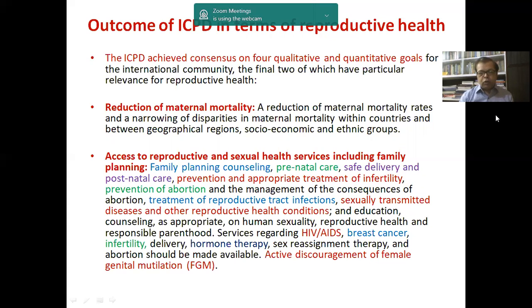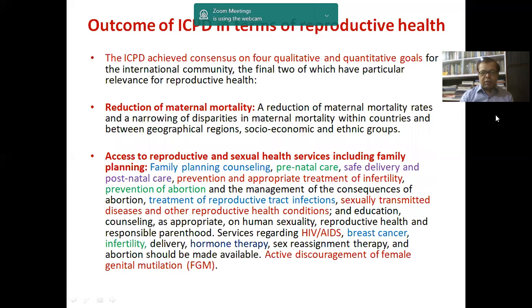as appropriate on human sexuality, reproductive health, and responsible parenthood. So counseling of all those persons who are in adolescence or who are going to have this role of being parents. Then services regarding HIV/AIDS, breast cancer, infertility, delivery, hormone therapy, sex reassignment therapy, and abortion should be made available.